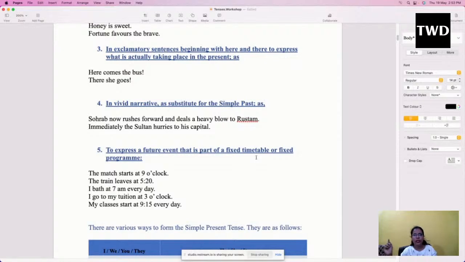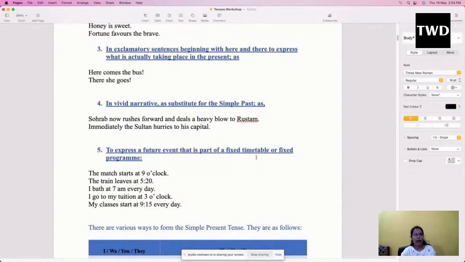So you need to see the timetable of the trains or buses or aeroplanes, whichever mode you want to use. Each and everything would have a fixed timetable, and that is why all such things come under simple present tense, because we are not going to change the timetable, and that is the reason we will be using simple present tense.